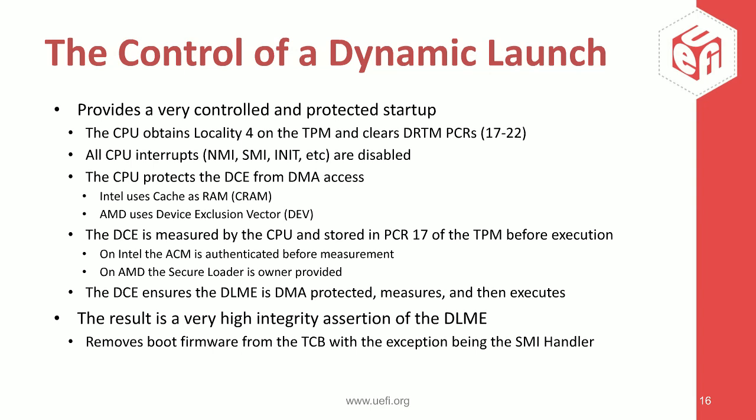On AMD, it depends on device exclusion vector. The DCE is measured by the CPU, as I mentioned earlier, and the results of these measurements are stored in PCR 17. On the Intel platform, ACM is also authenticated using signatures.